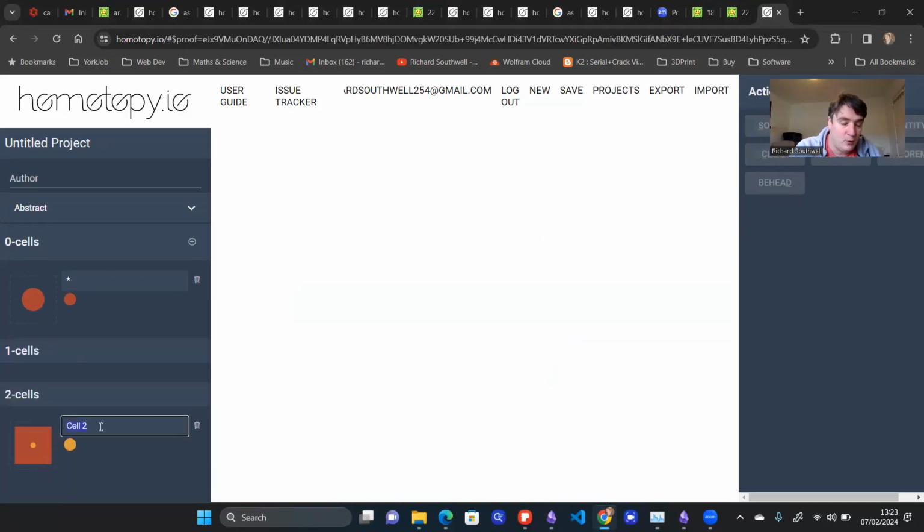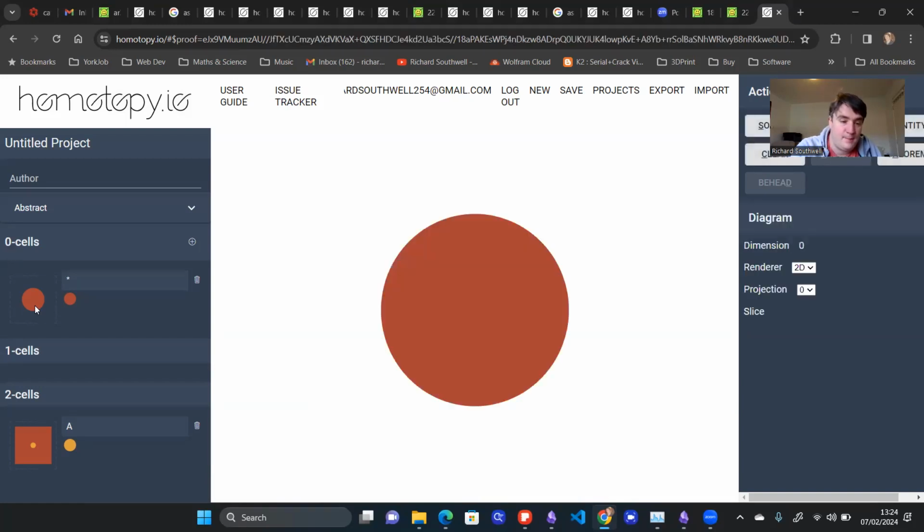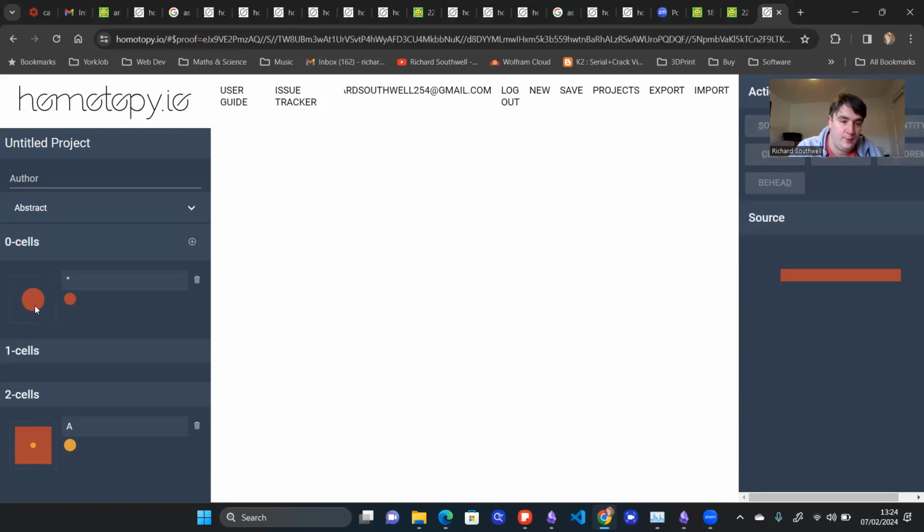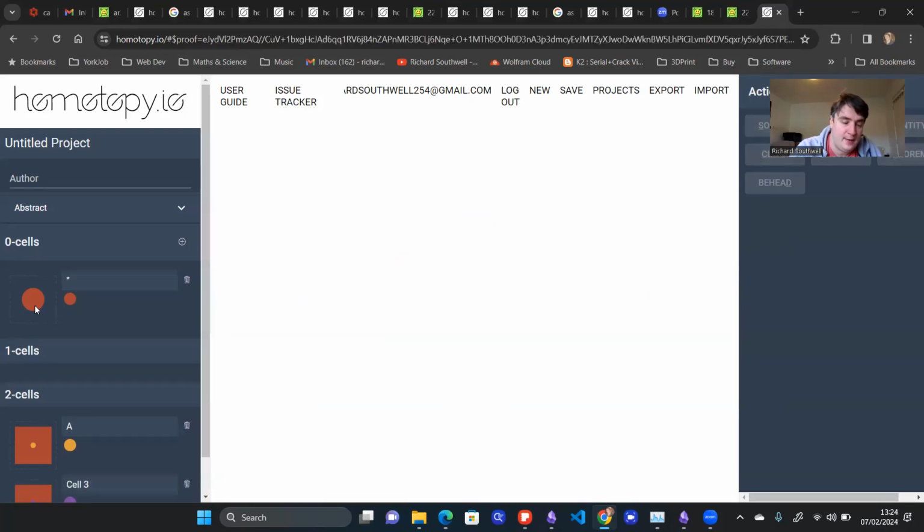Now what we're going to do is we're going to call this A. And let's go again. So we take star, ID source, star ID target, and we'll call this B.